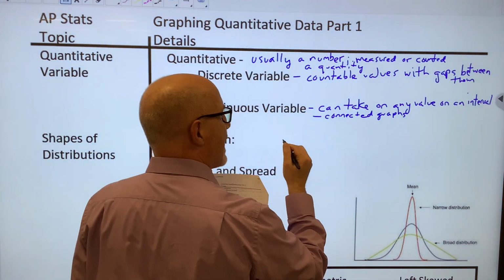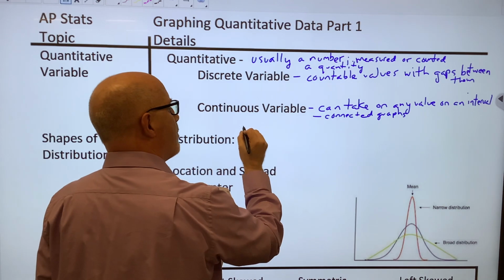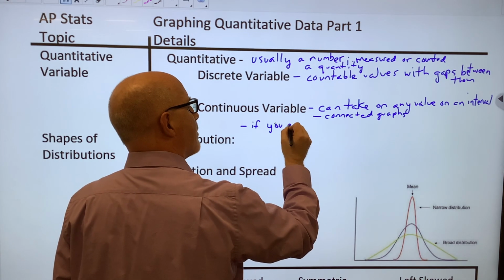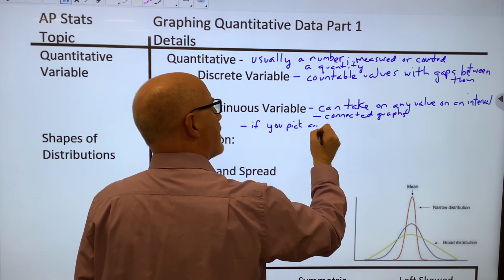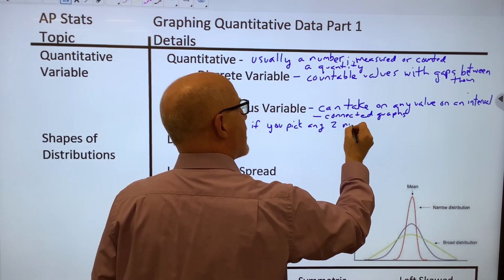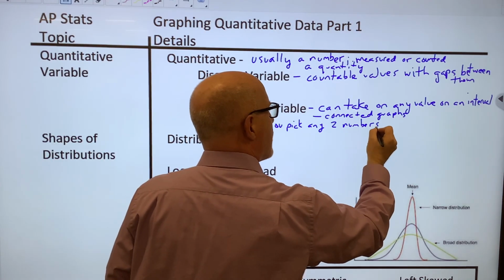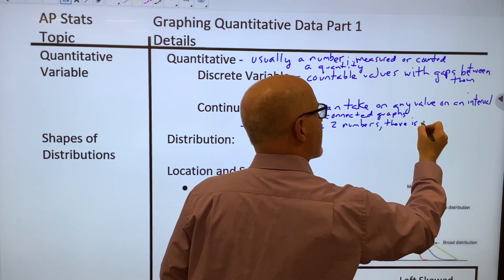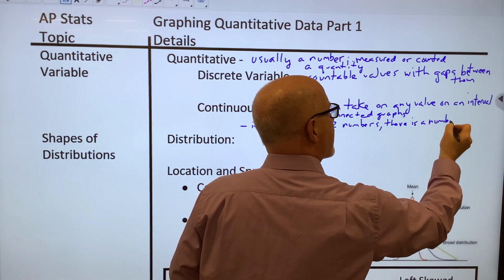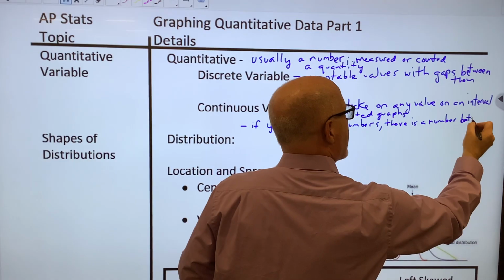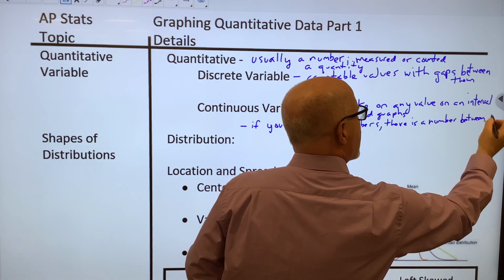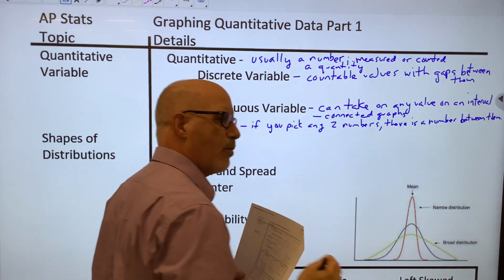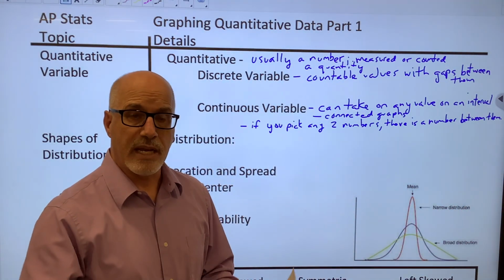Also, we'll just use the test that if you pick any two numbers, there's always a number between them. So if we pick, for instance, 1 and 2, between them is 1.5, and then if we go further and say 1 and 1.5, there's 1.3, and you can just keep going.